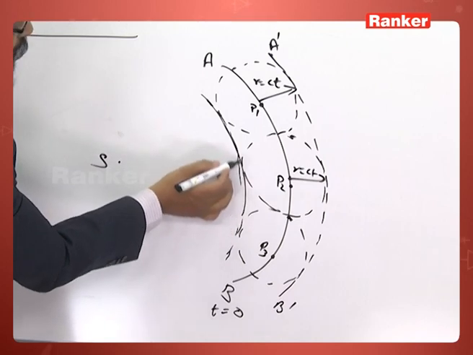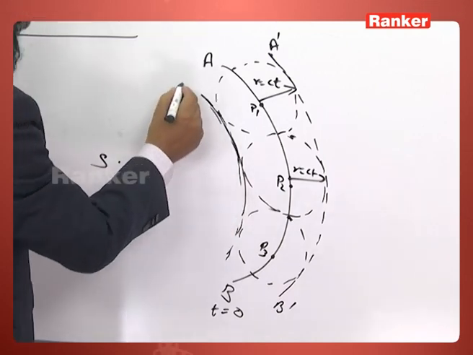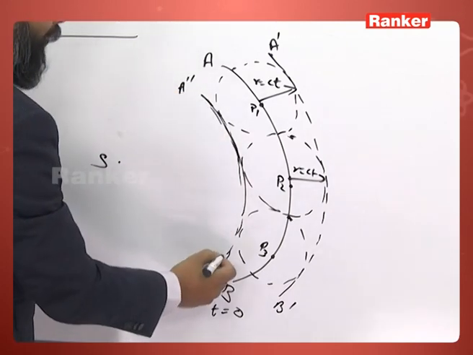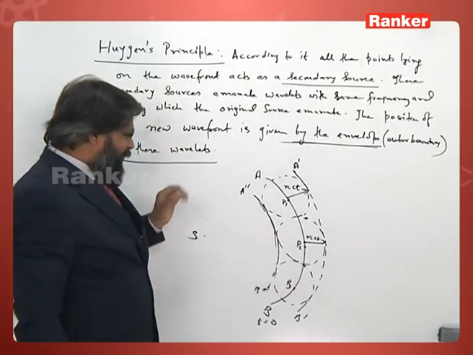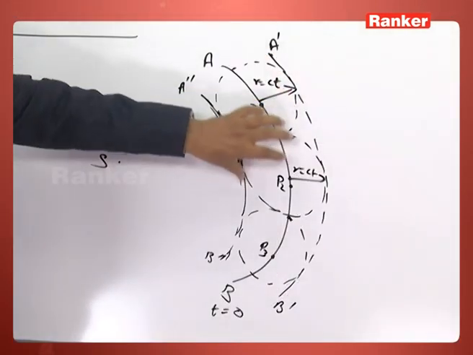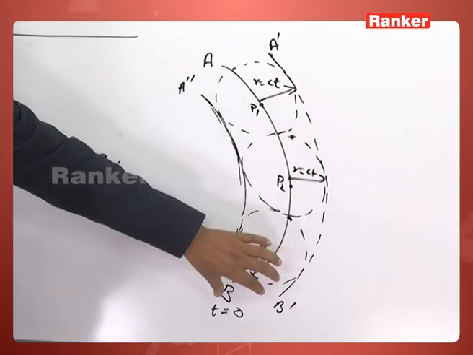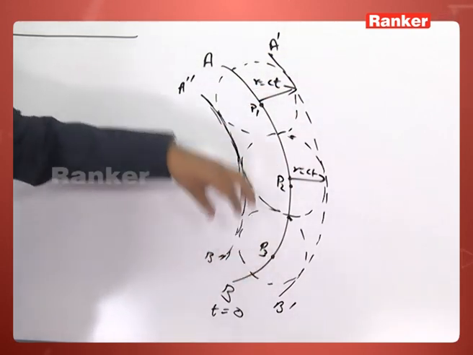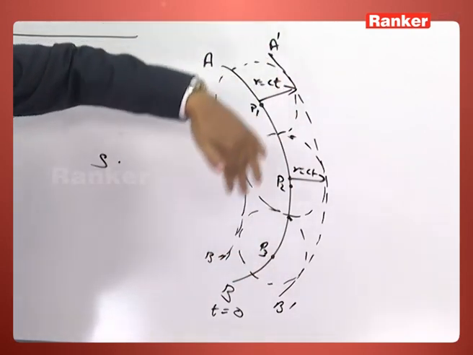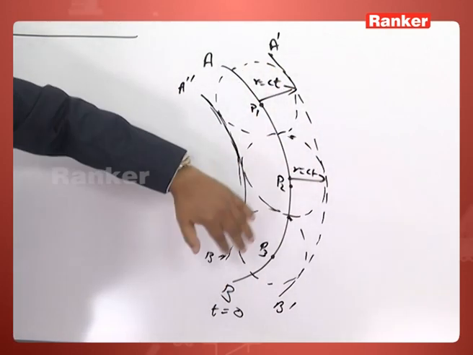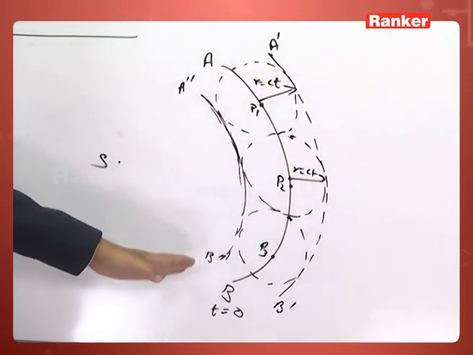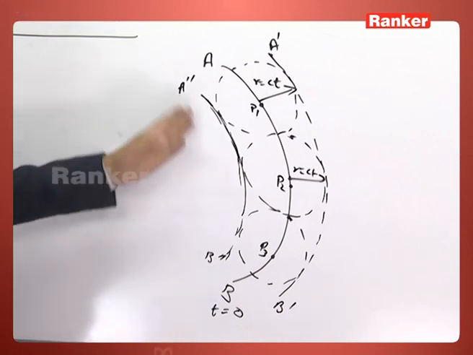We will call it inner boundary, not outer boundary. This is A double dash and B double dash. So the envelope of all these wavelets is A dash B dash, since these are spheres. So this is also a spherical surface, and this A double dash B double dash is also a back wave.